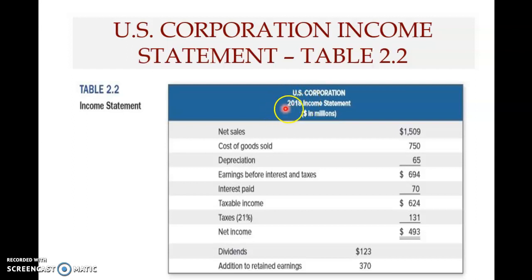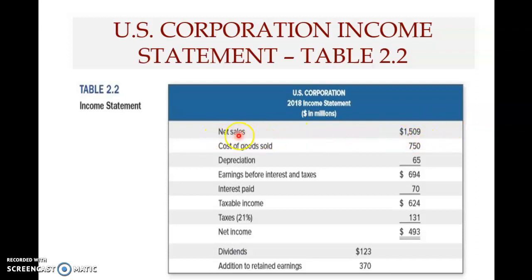For example, end of fiscal year 2018 or end of financial year 2018. But here we say for the year ended 2018, because it is for one period, not for one particular point in time.